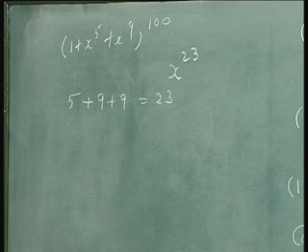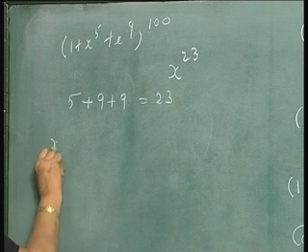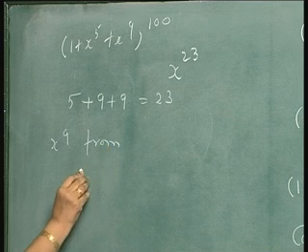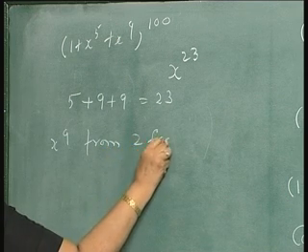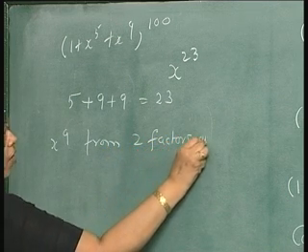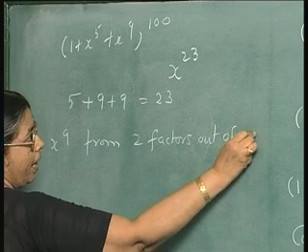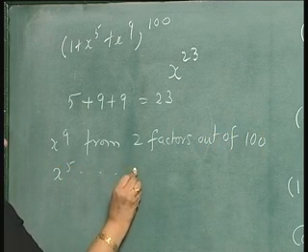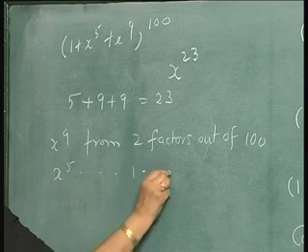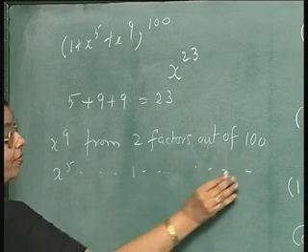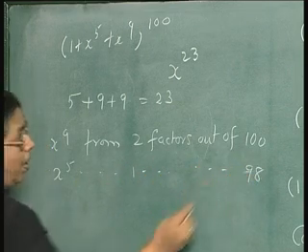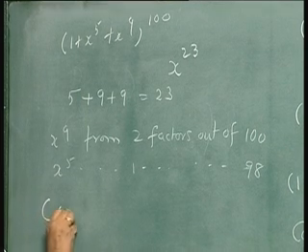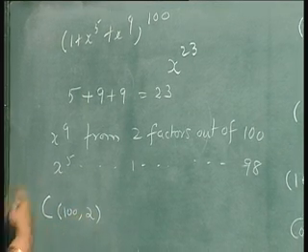So, you have to select x power 9 from 2 factors out of 100, and you have to select x power 5 from 1 factor out of the remaining 98. So, it will be C(100, 2). From 2 factors you are selecting x power 9. After doing that, you will be left with 98 factors from which you have to select 1 x power 5.